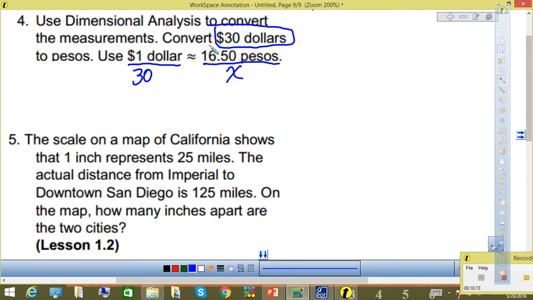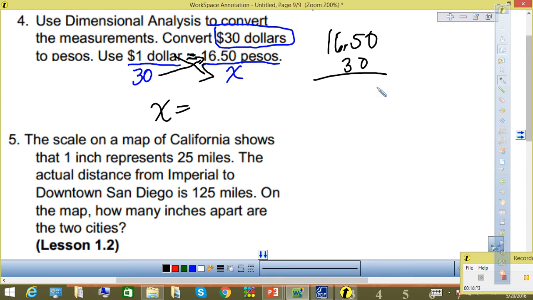So does everybody see the proportion here? A fraction equal to another fraction. So therefore, and here's the equal sign right here, which means we're going to cross multiply. This is 1x equals 30 times 1650. So we do 1650 times 30.